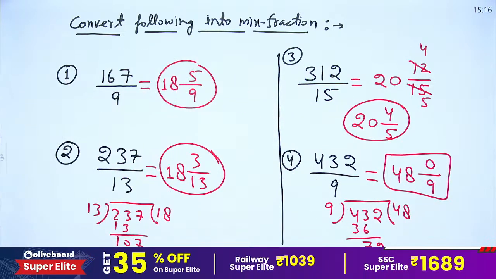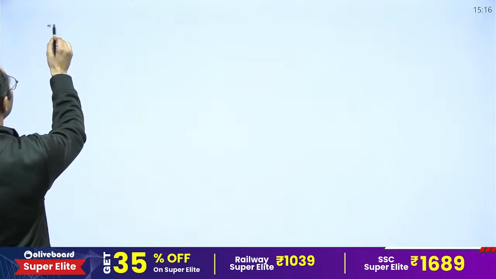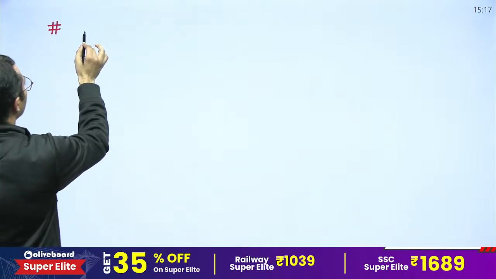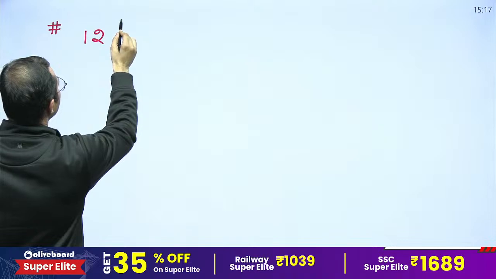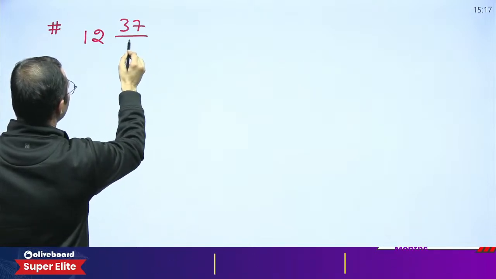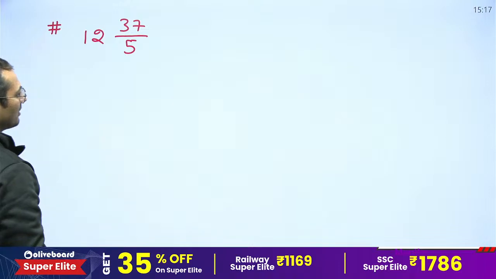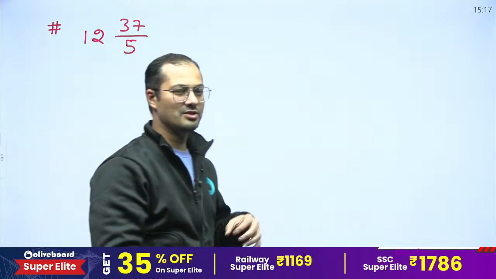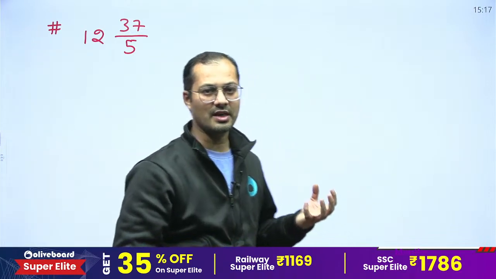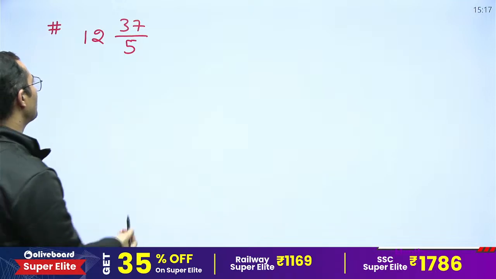No problem. See, if you ever get a situation in which you get the number 12 whole 37 divided by 5. Now tell me, is this the right mixed fraction? So you will say that, sir, this is not the right mixed fraction. So just convert them into the right mixed fraction.